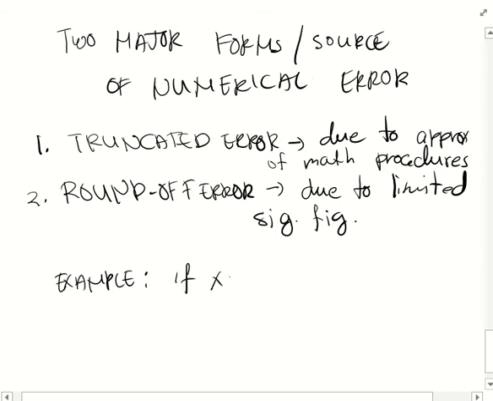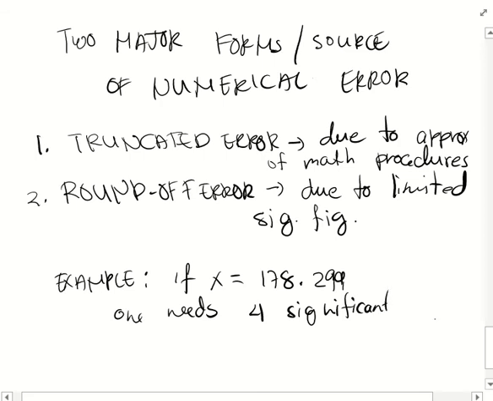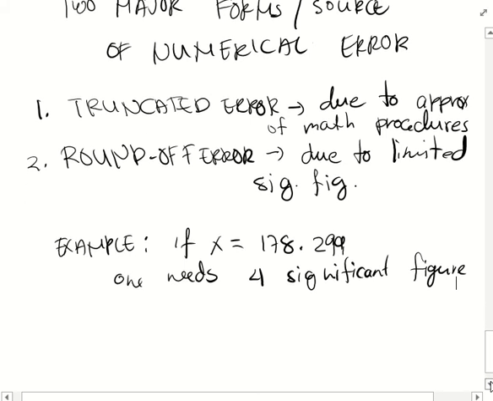If we take an example here, if x is equal to 178.299, this is the true value, the exact value. Now if one needs just 4 significant figures, what are the errors due to truncation and due to rounding?